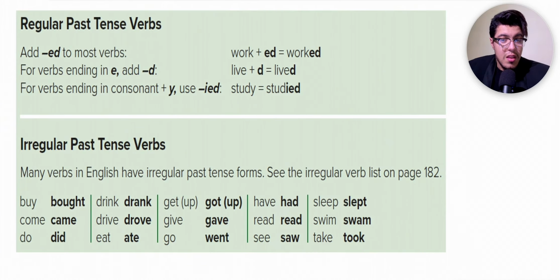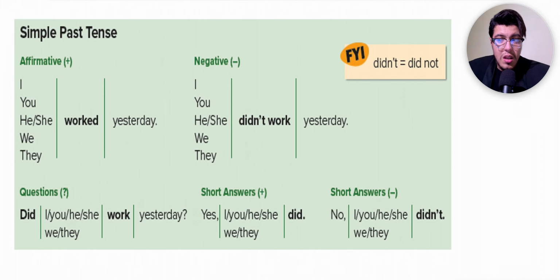And there are some verbs that change when we change them to the past, and we call them the irregular verbs. The irregular verbs are one of the most important keys to master the English language.